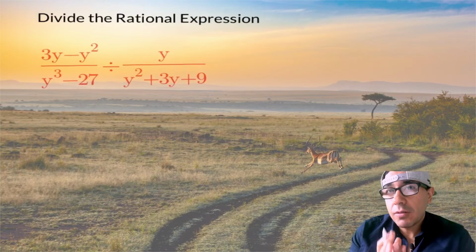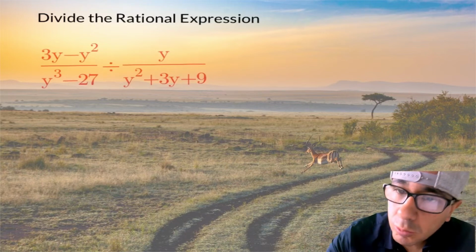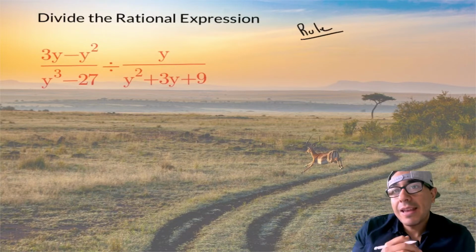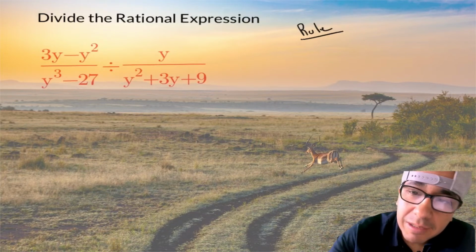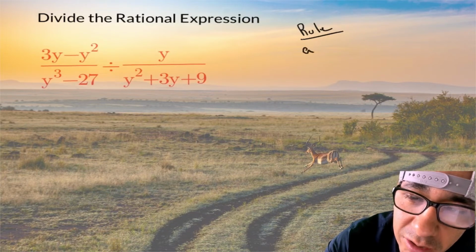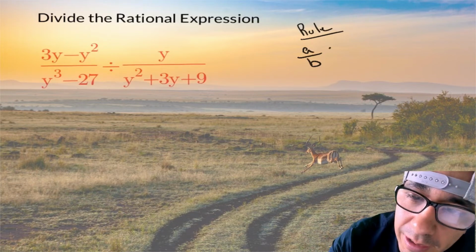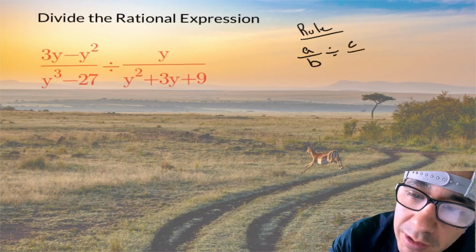So let's give you a little rule, or definition, that's going to help us with this. A little reminder, let's say you have two fractions, just like you do here. We'll call the first fraction a over b, and the second fraction we'll call c over d.